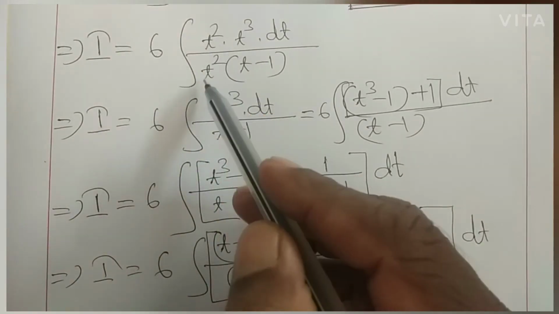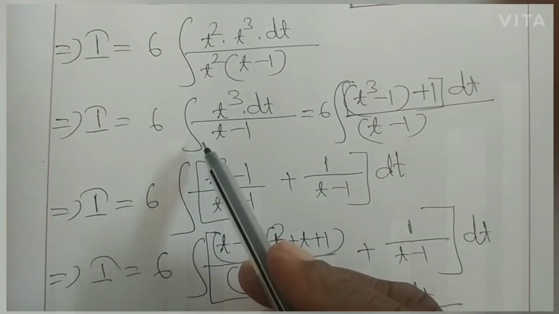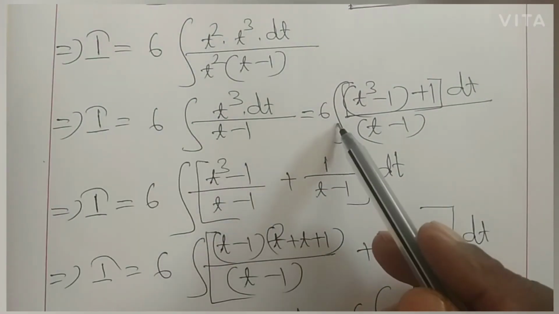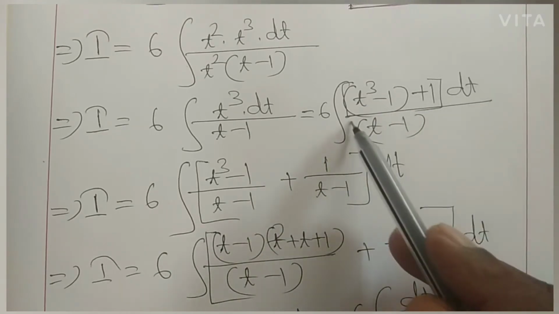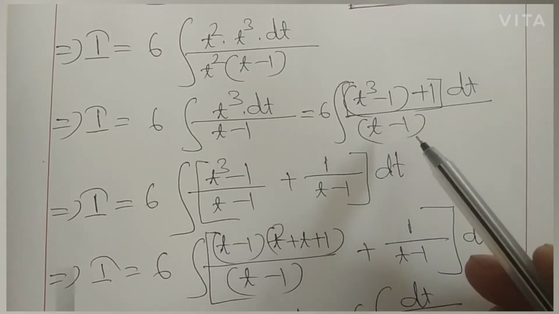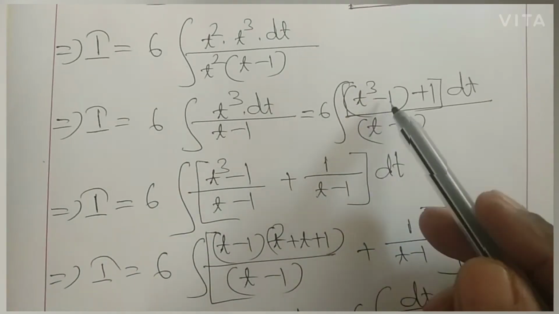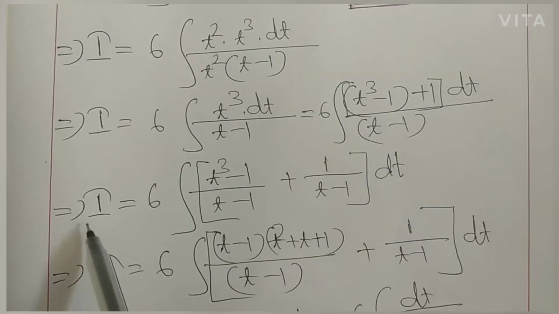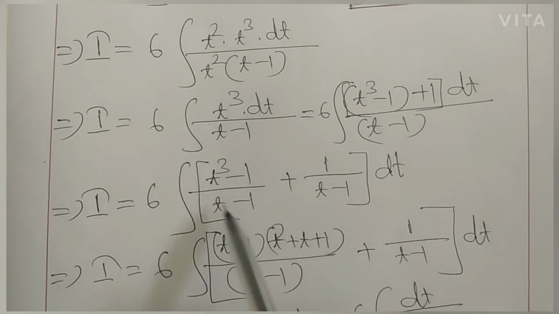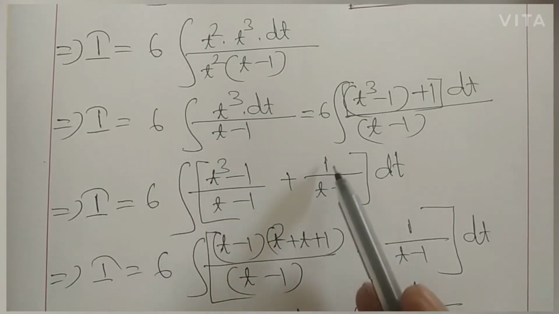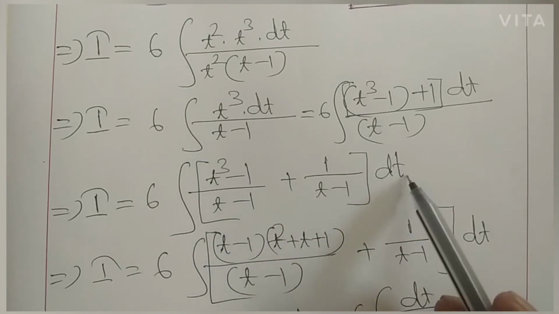Here t square and t square cancel, and this is equal to 6 into the integration of t cube minus 1 plus 1 into dt by t minus 1. Here t cube is equal to t cube minus 1 plus 1, and this implies I is equal to 6 into the integration of t cube minus 1 by t minus 1 plus 1 by t minus 1 into dt.